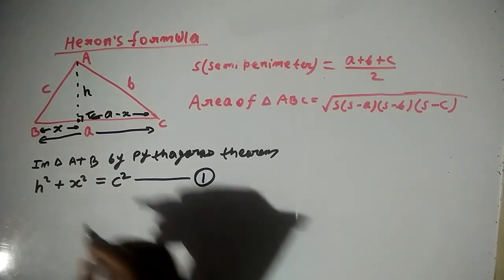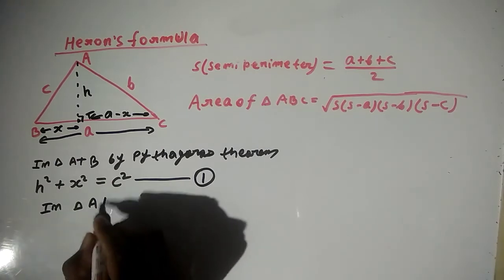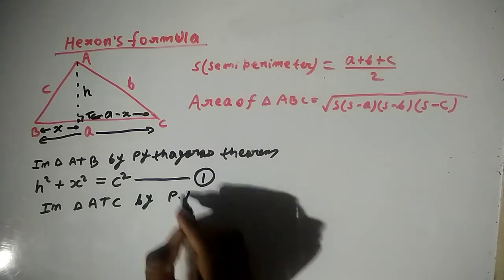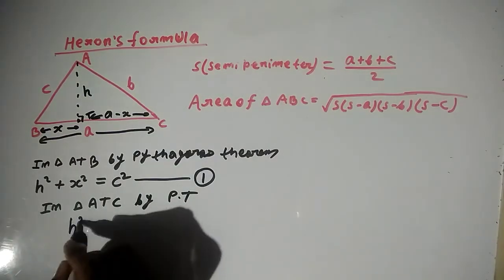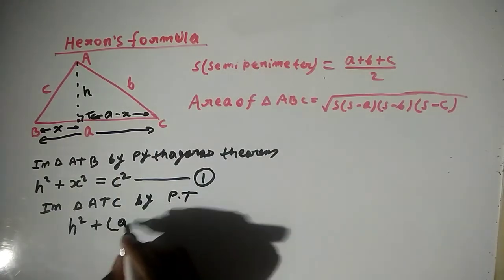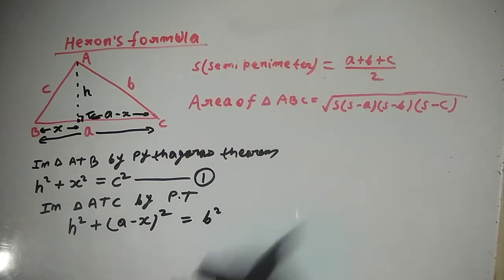Now, in triangle ATC, again by Pythagoras theorem, we can say that h squared plus (a minus x) whole squared is equal to b squared.